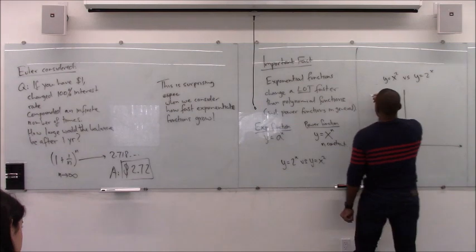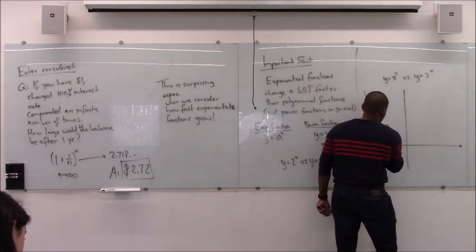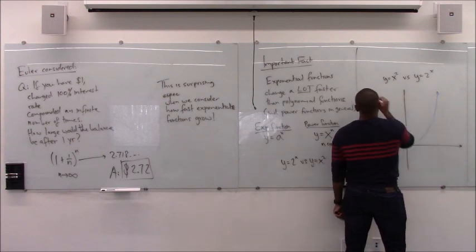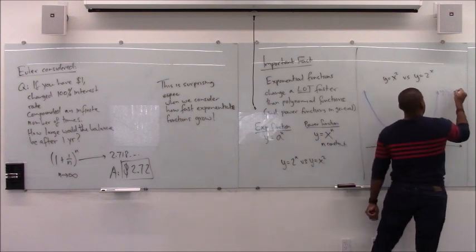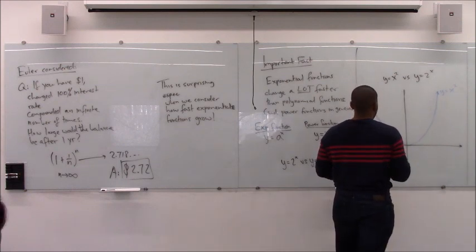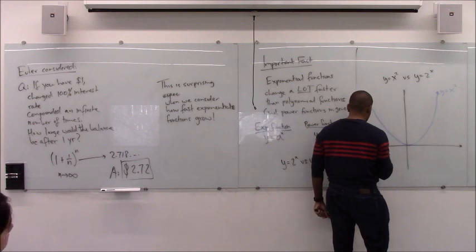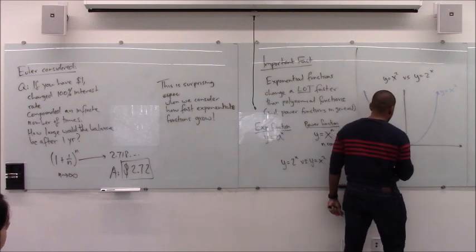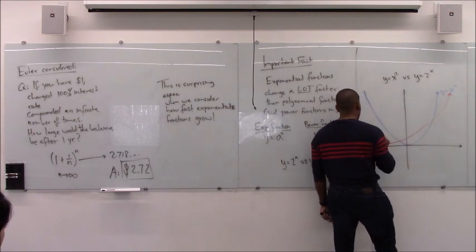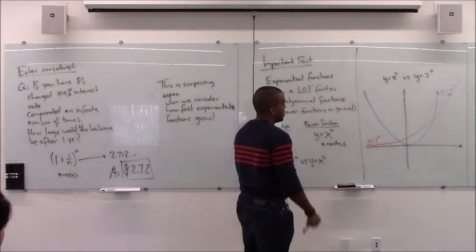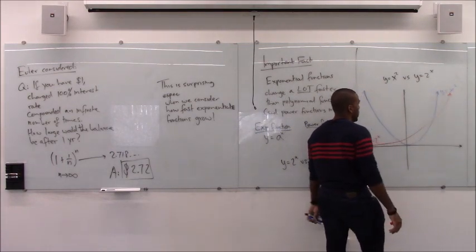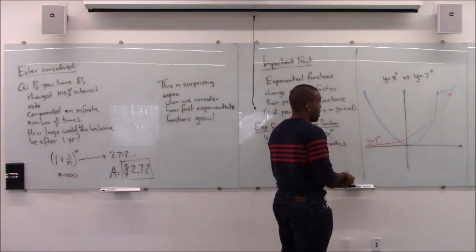Let's say, here's my x squared, it's a parabola. So here's my 2 to the x. So they're very different in terms of shape, but they're different in another important way.